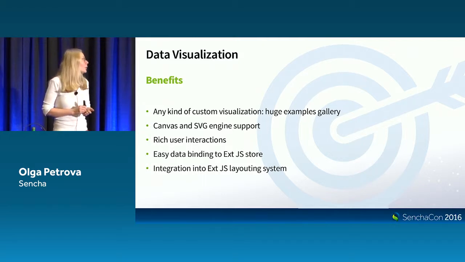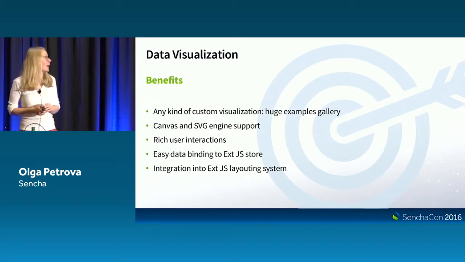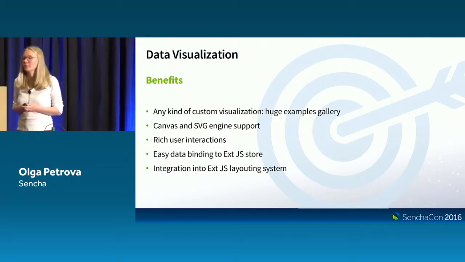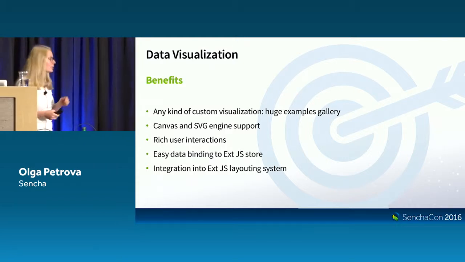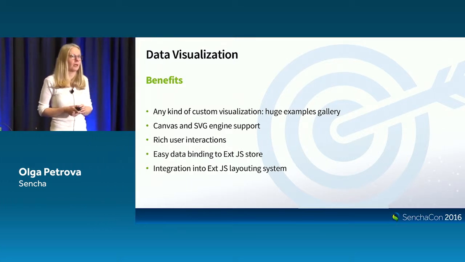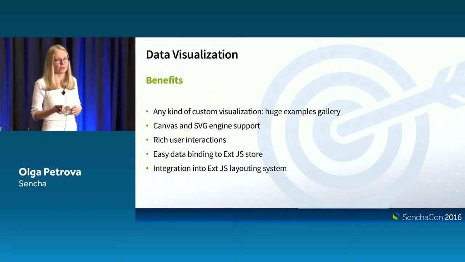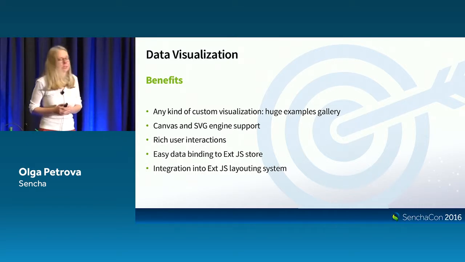You bind your Ext JS store to your visualization, and you could customize your visualization as you want, adding any kind of desired user interactions. And there are also a lot of utility classes. Like I showed you, the base class for SVG D3 JS visualization, but there are also classes for legend, for example, for axis, for color scale, and some others.